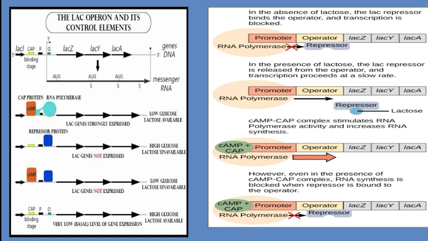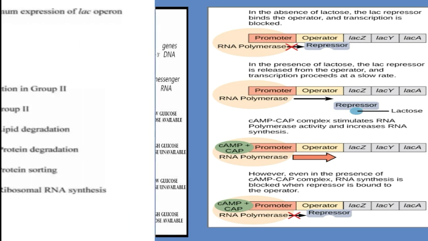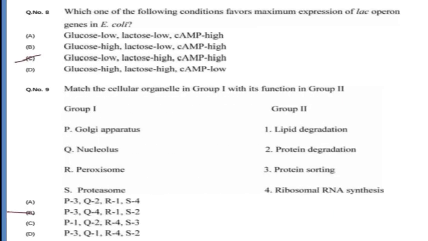Because cyclic AMP is a positive regulator for the lac operon, lactose is an inducer, and glucose is an inhibitor for the lac operon. So in the medium there should be low glucose, high lactose, and high cyclic AMP.